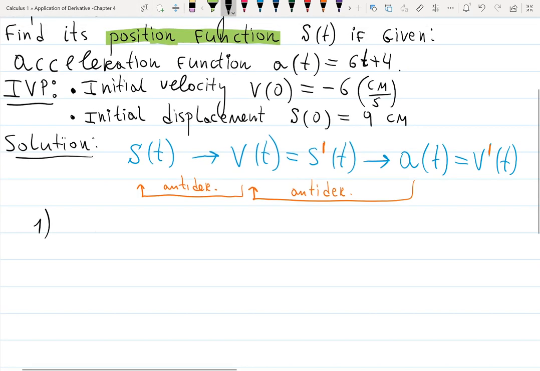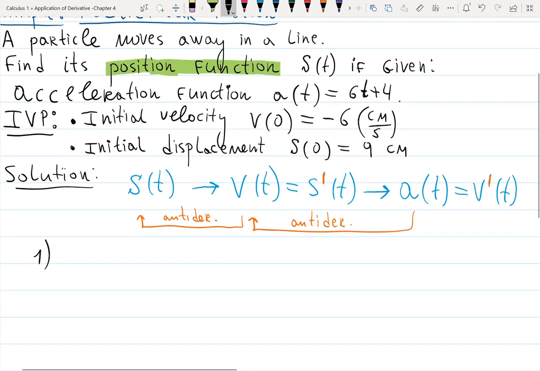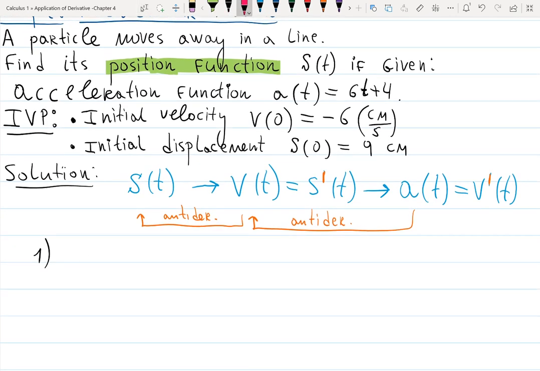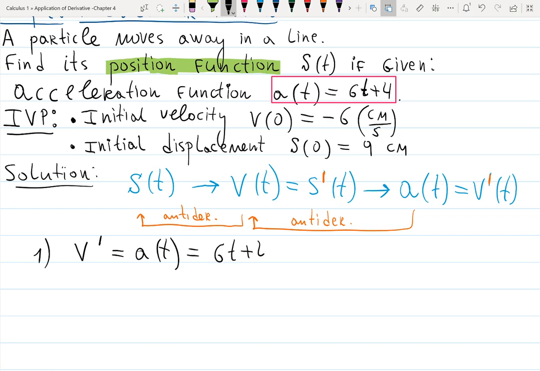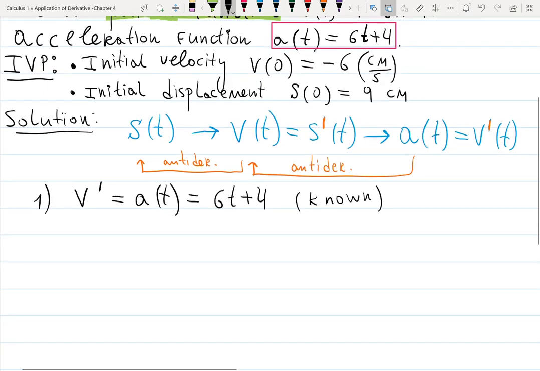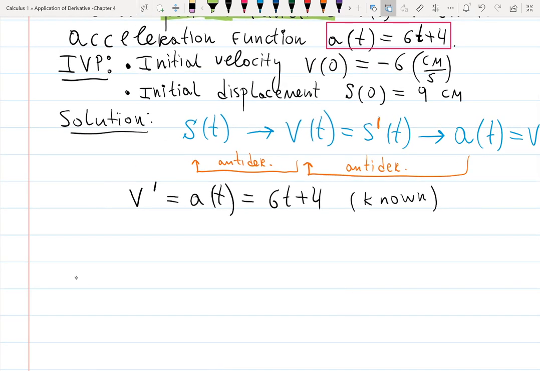First, I am given acceleration. Let's put it in the box. Here it is, you can see it. To find velocity, v, since I know that v prime gave me acceleration, and acceleration is 6t plus 4, that's known.